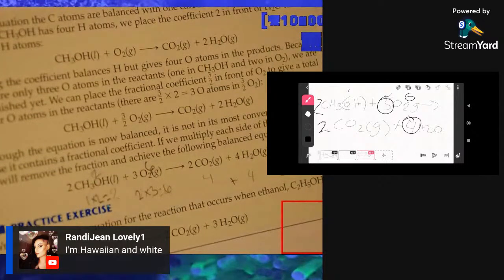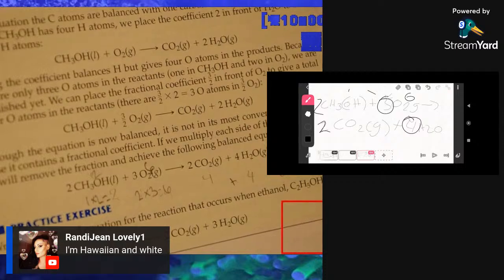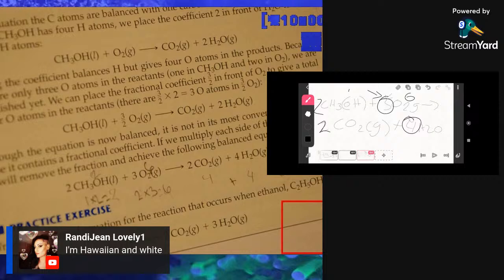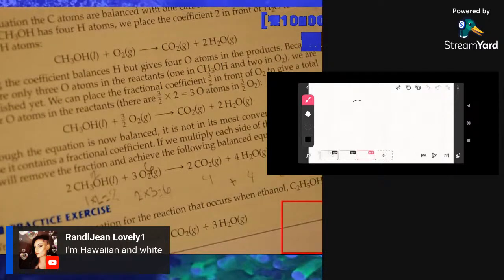But remember, to get that 3, watch. To get that 3, when you have the oxygen 2 and that half, let's say you're doing math, so this is chemistry, right?